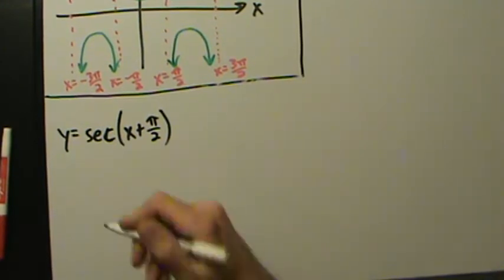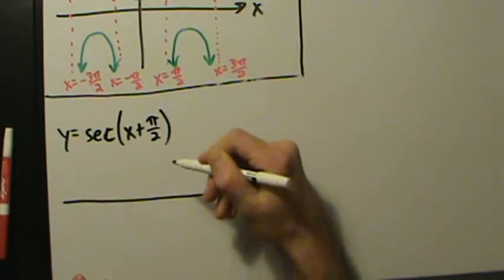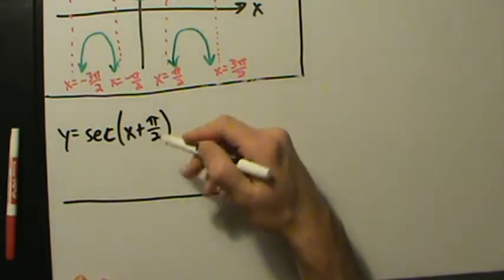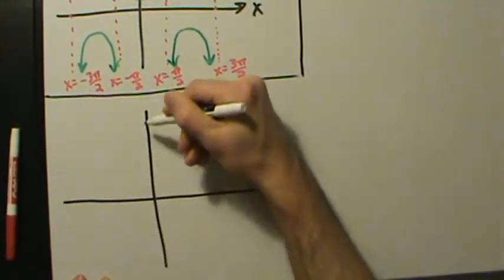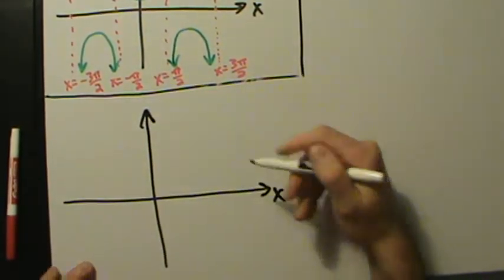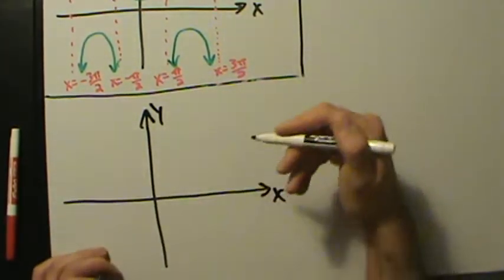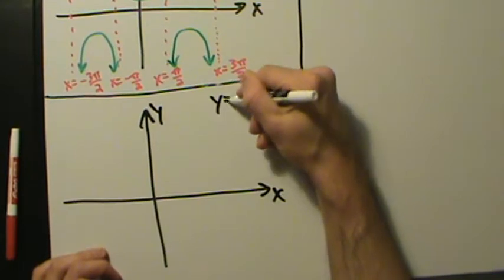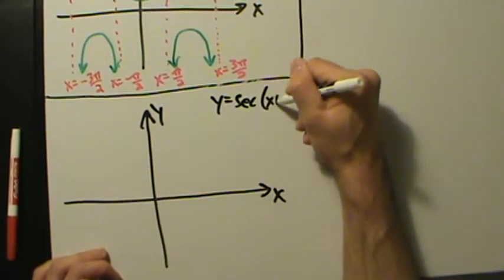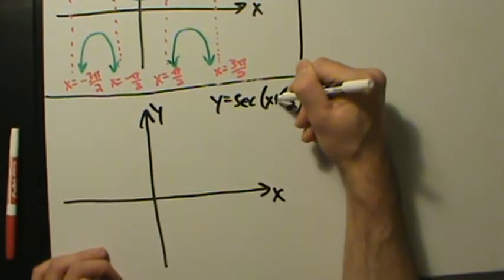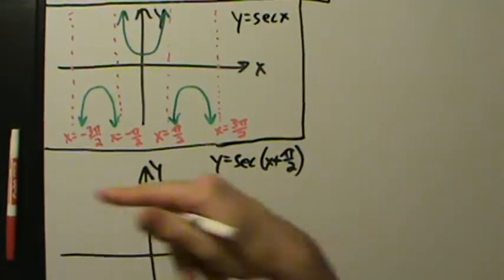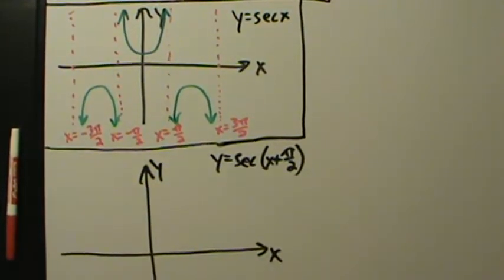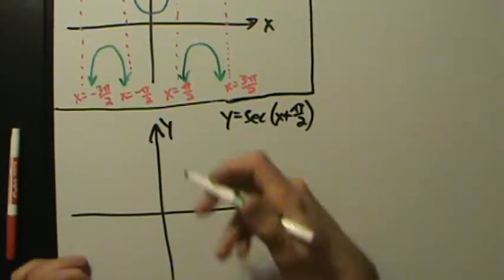Let me maybe write that smaller or somewhere else. Okay, so then we have this going on. Here's the x-axis, y-axis. Now I'm graphing y equals secant of x plus pi over 2. I'm just going to take this graph up here and shift it to the left by pi over 2 units, so it's going to be relatively straightforward.